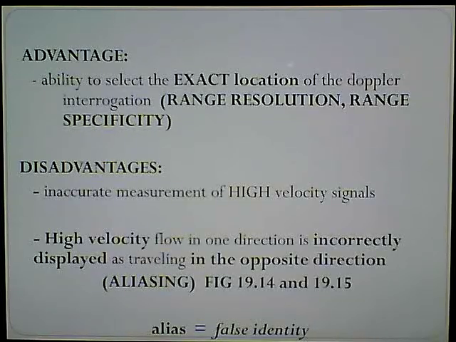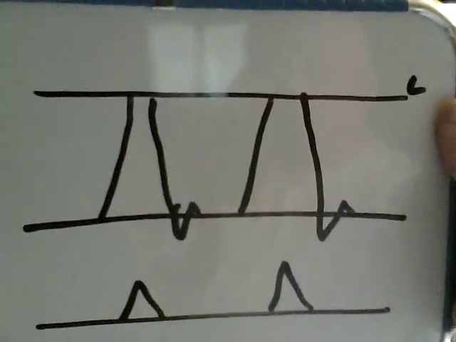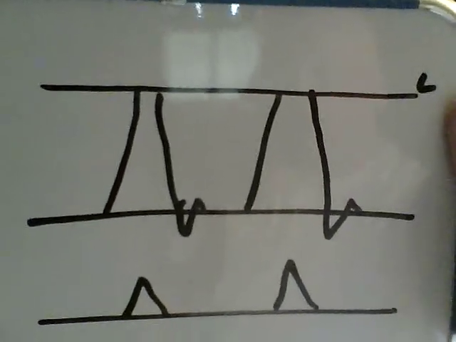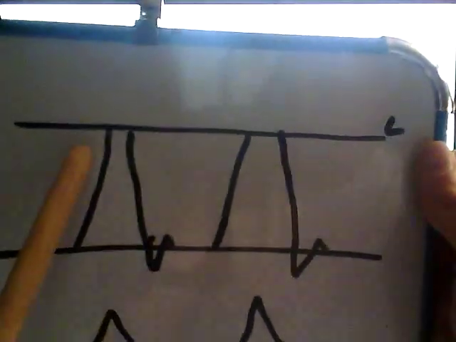If this is my limit and I have a very high velocity, and bear with me a minute, this is the bottom of my screen. See how the top of the wave wraps around the bottom? So I'm going past my limit here.